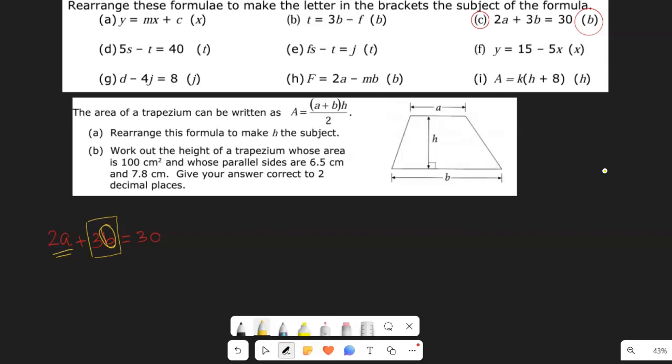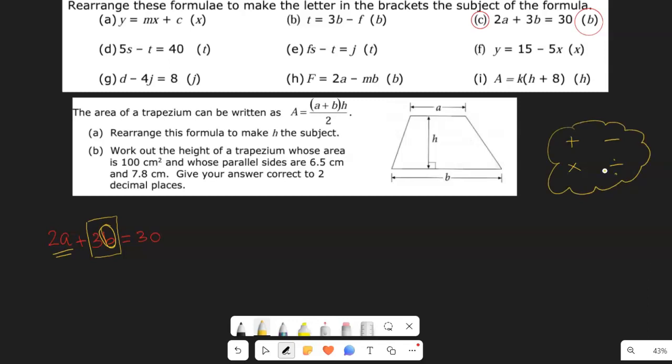If you want to eliminate an addition from an equation, you need to do the reverse operation of subtraction. If you want to eliminate a multiplication, you do the reverse operation of division, and vice versa. That is the logic you should have when you approach these kinds of problems.